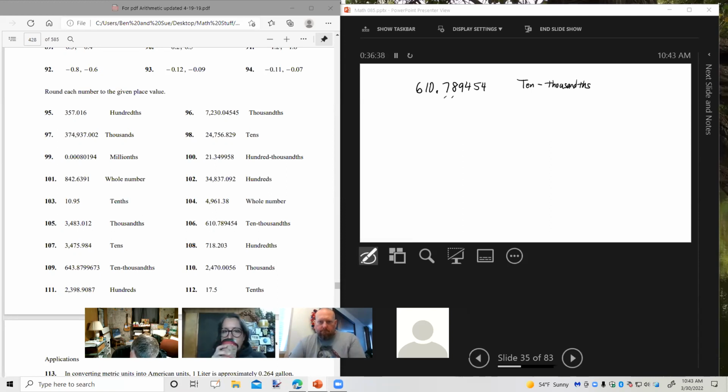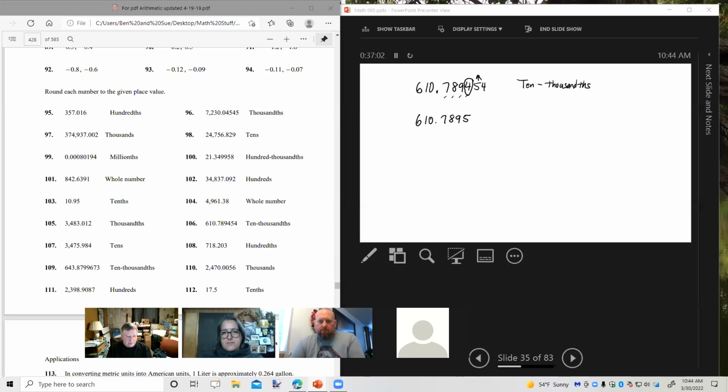Tenths, hundredths, thousandths, 10 thousandths. So the 4 is in the 10 thousandths place. We go one digit to the right. The 5 is going to round up. So we get 610.7895.